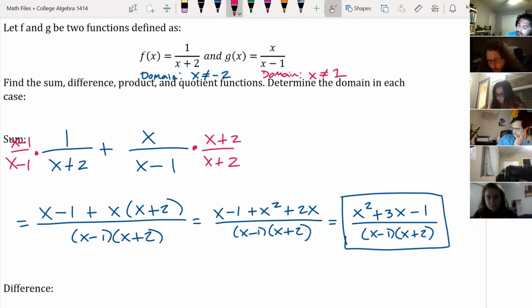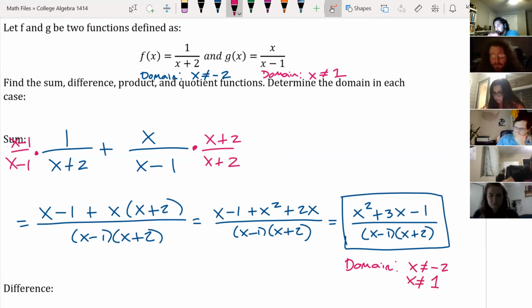Now, all we want to answer is, what is the domain of our new function? If you put together the domains we found above, x can equal what two numbers? -2 or 1. Everybody good with that?